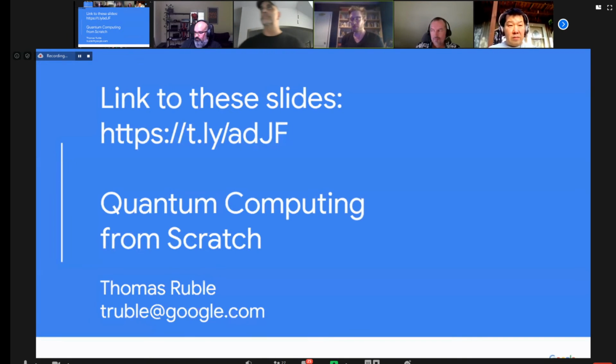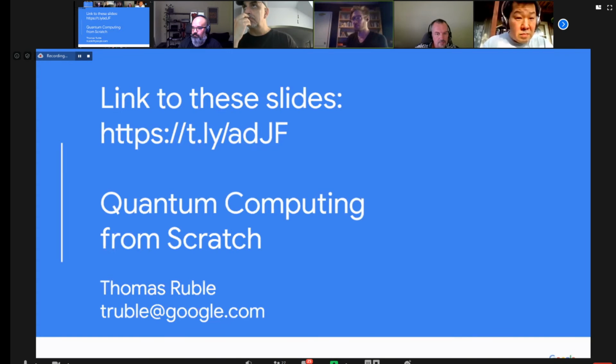My name is Thomas Ruble. I'm an engineer at Google, a software engineer, not a hardware one. To make a quantum computer, I think a soldering iron and a freezer and a little bit of carbon will get you there. But tonight, we're going to talk not so much about the computers, but the computing.